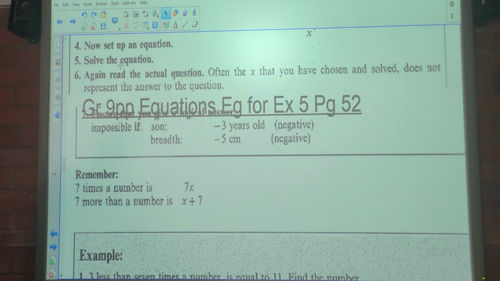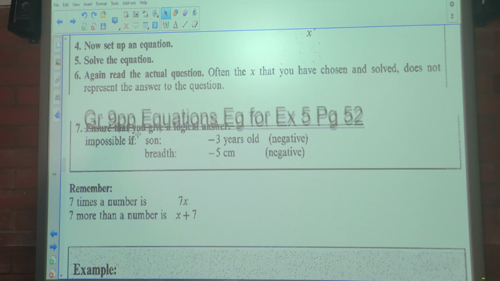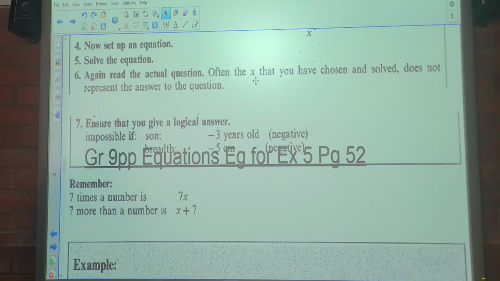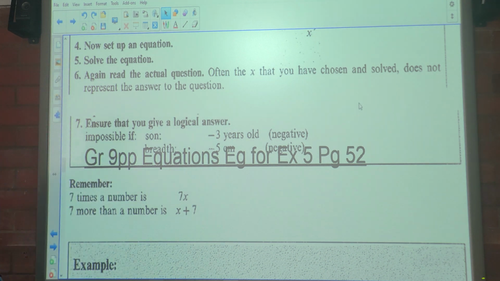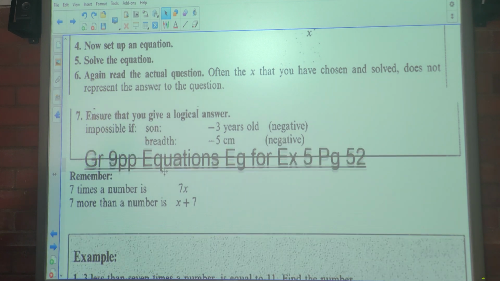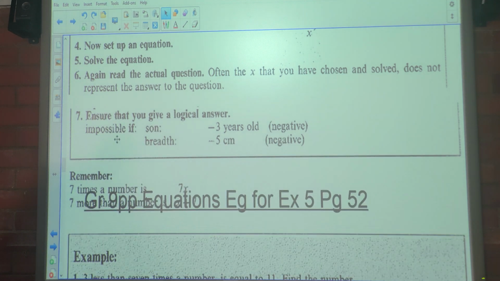Number 4, now set up an equation, solve the equation. Again, read the actual question. Often the x that you have chosen and solved does not represent the answer to the question. So it's important to read the question and to make sure you actually answer the question. Number 7, ensure that you give a logical answer.